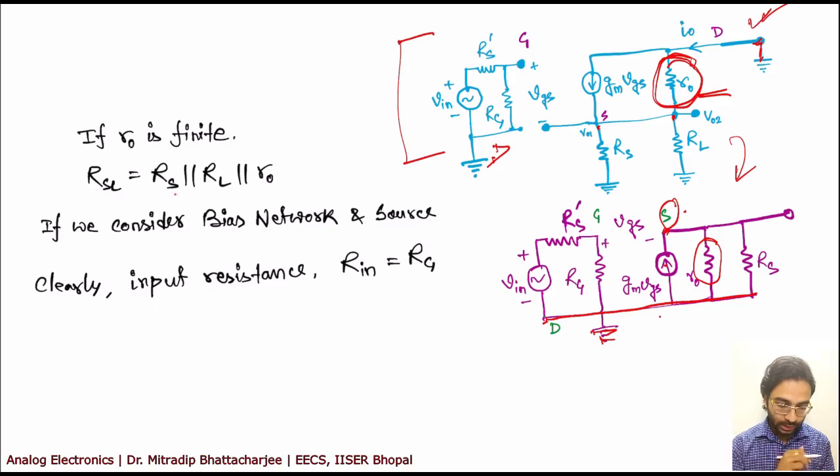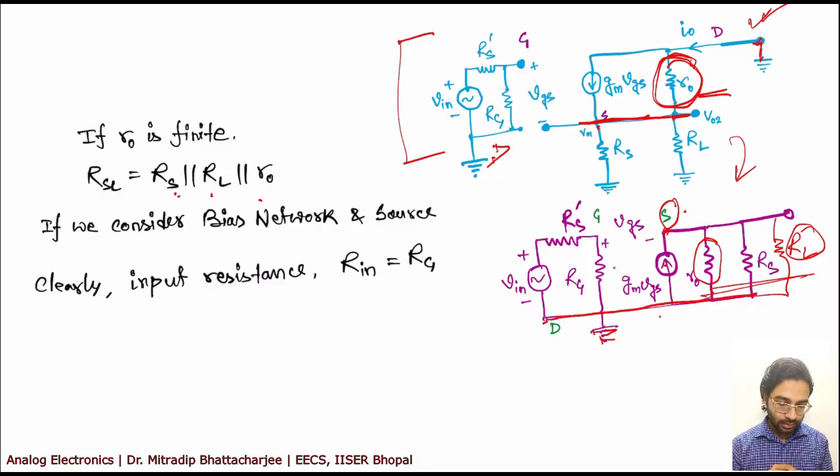So now if you look at the RSL value, it will be RS parallel RL parallel R0. Where was your RL value? Between source, this is your source, and ground. So you have an RL value over here. So it is also between source and ground. So these three resistances are in parallel, right?